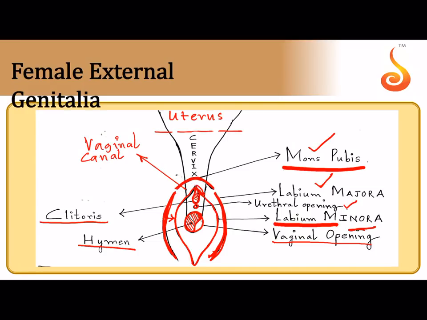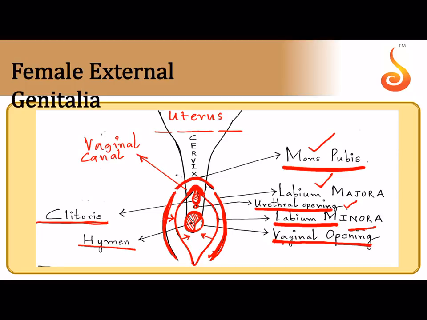At the upper junction of the labia minora, where I am shading right now, you can see a finger-like projection that is referred to as the clitoris. Enclosed by the labia minora you can see the openings, that is the vaginal opening, and above the vaginal opening you can also see the urethral opening. So these are the parts of the female external genitalia.